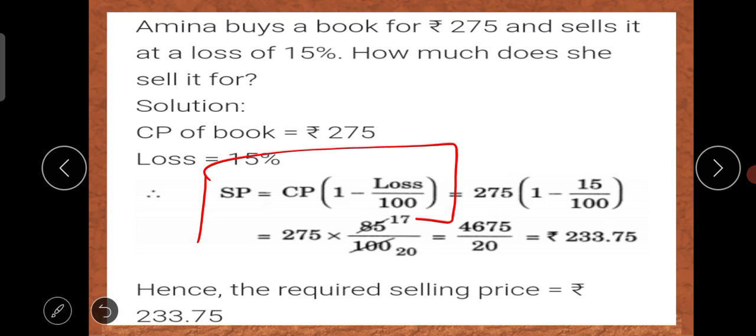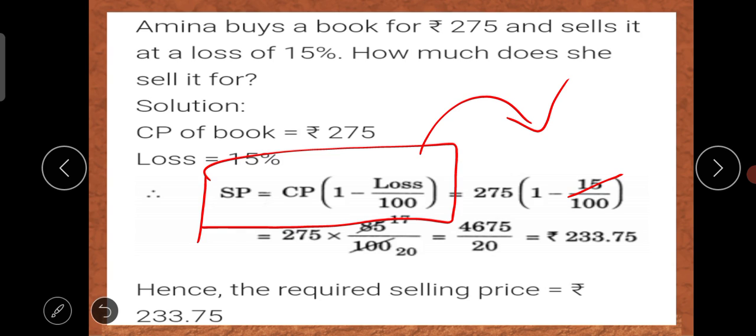This one is cost price into 1 minus loss upon 100. Then put the values. For selling price it is 275 into 1 minus 15 upon 100. Out of 100, if you subtract 15, we will get 85 upon 100. Or another method that I told you, divide to the lowest term.